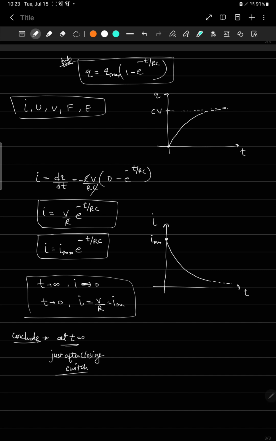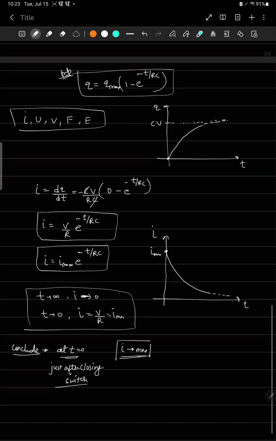Okay, so that is the language you can see in questions. At t equal to 0, we are talking about the charging of the capacitor. At t equal to 0, the capacitor has 0 charge, right? The charge is 0, and current is maximum.